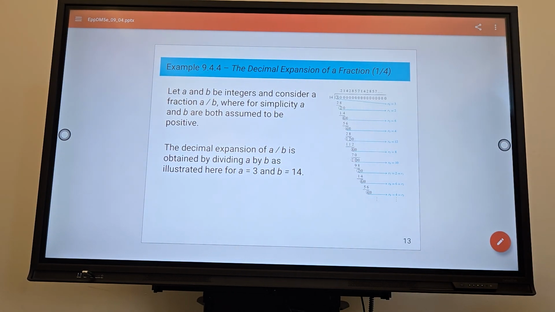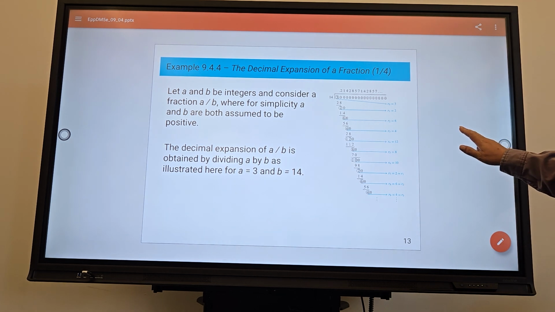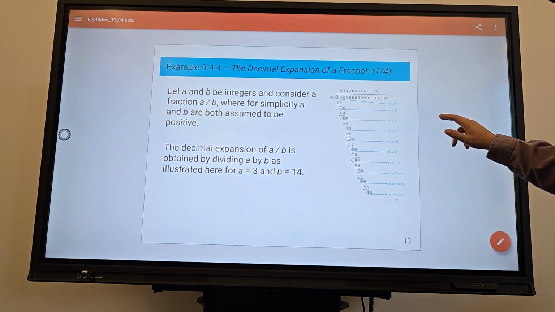Let a and b be integers and consider a fraction a divided by b, where for simplicity a and b are both assumed to be positive. The decimal expansion of a over b is obtained by dividing a by b, as illustrated here for 3 divided by 14, and I go through the long division of it all.